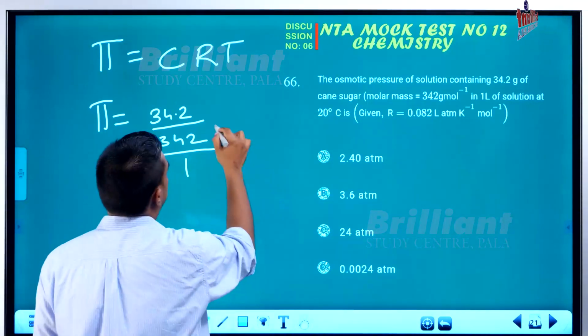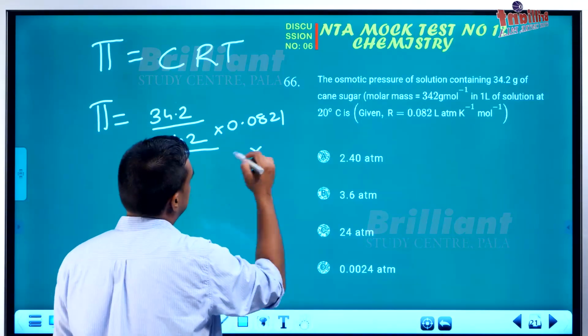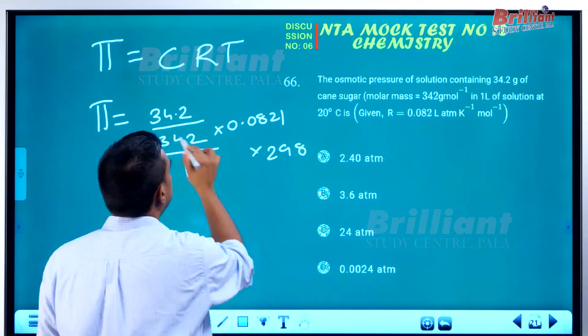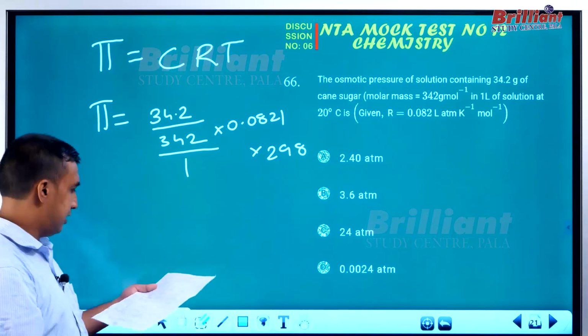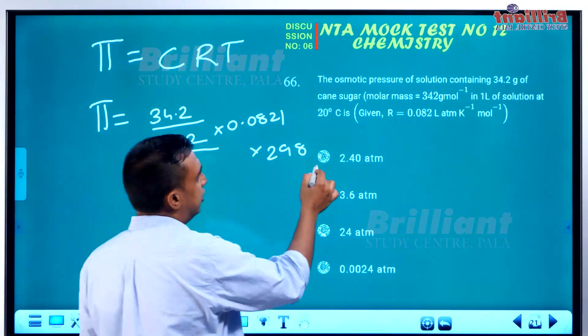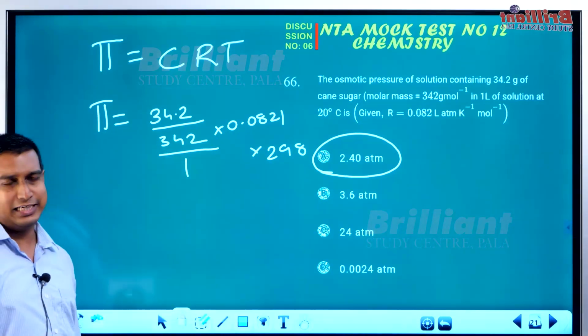Now the value of R is 0.0821. What is the temperature? 298. If you multiply all of these, you will get the corresponding answer for question number 66, which is 2.4 atmosphere. It is a direct question; you can do the calculation part.